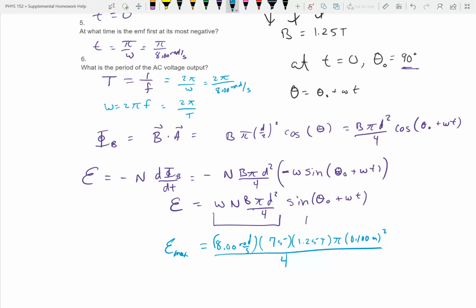So let's just do the 8 divided by 4 in our heads and have 2 times 75. 2 times 75 is 150. 150 times 0.1 is 15. Oh, 0.1 squared. So that'd be 1.5 times 1.25. Times pi.